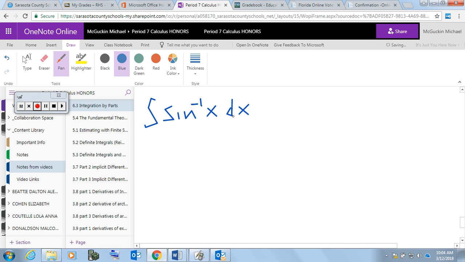This is another interesting one where we don't necessarily just have the basic antiderivative of the inverse trig functions. And so instead, we need to focus on it as a by parts.